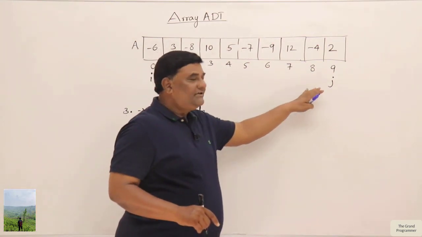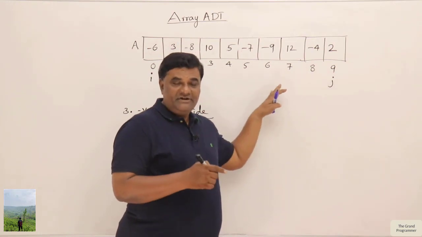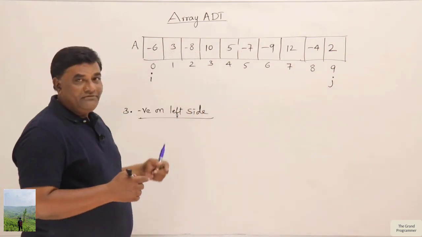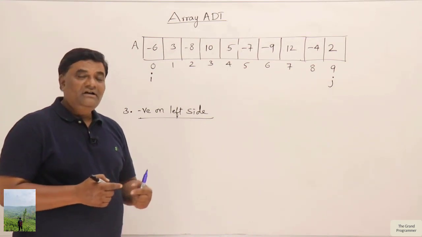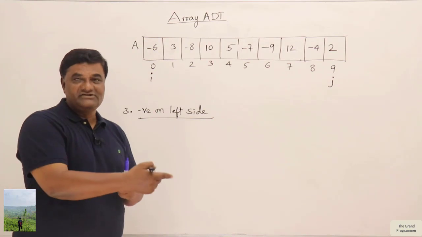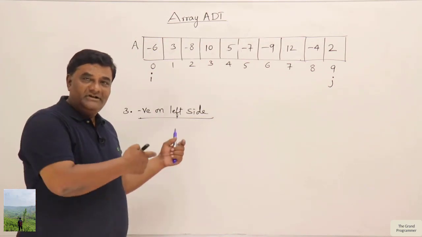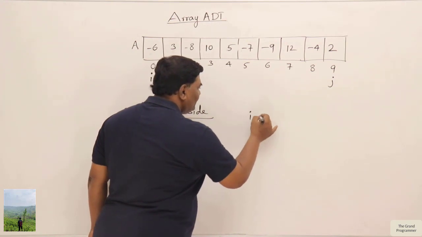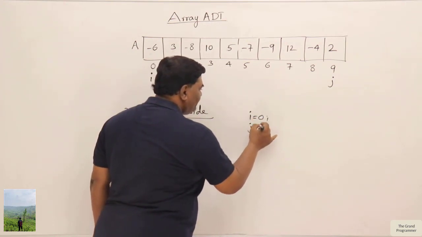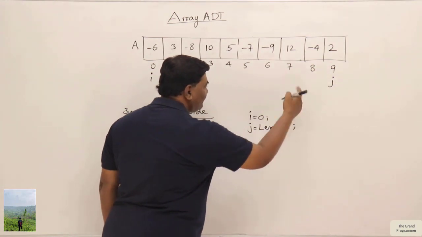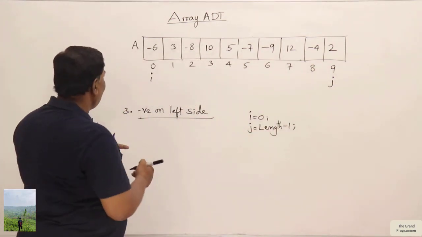And with j, we find negative numbers on this side and send them here. So i will try to find a positive number and j will try to find a negative number. If found, they will exchange. I will also simultaneously write down the code. i starts from 0 and j starts from length of the list minus 1.